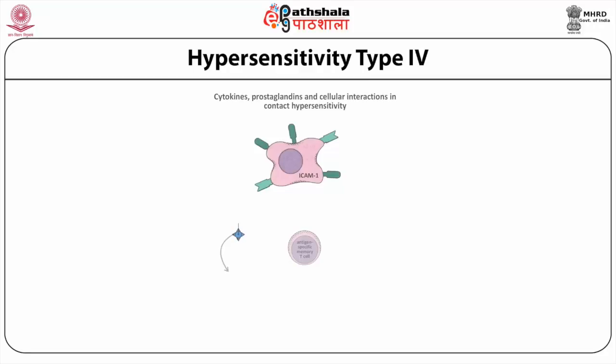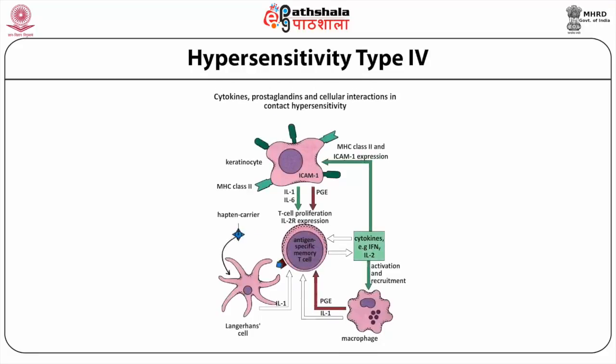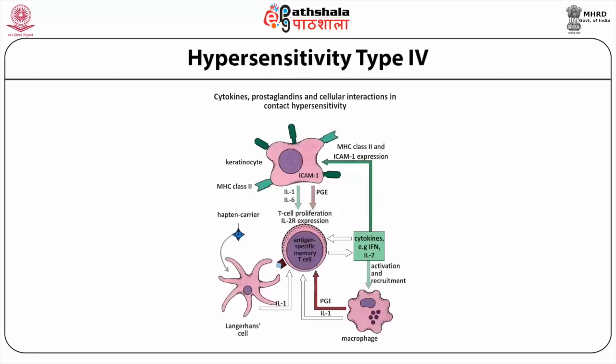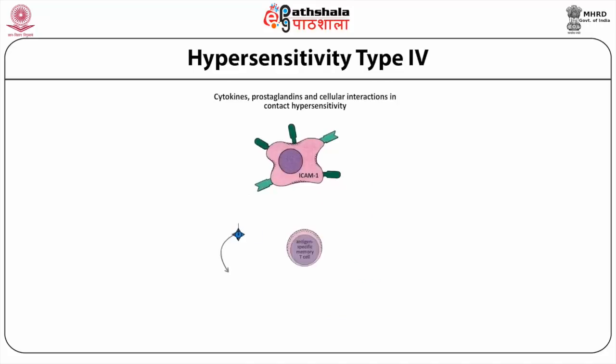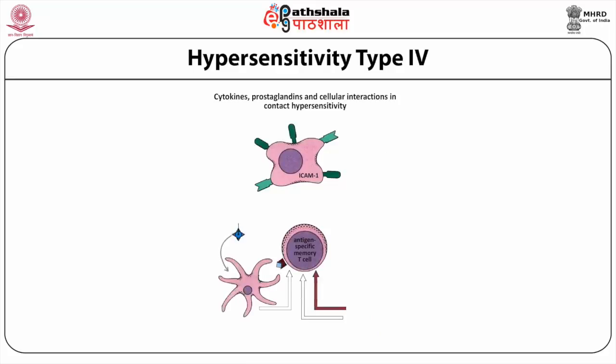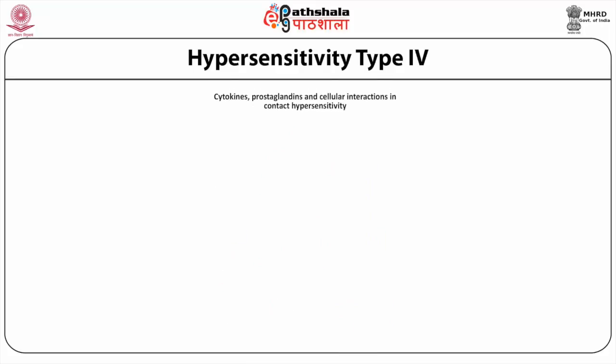This slide shows the cytokines, prostaglandins and cellular interactions in this process of contact hypersensitivity. At this point, when the reaction is beginning to fade, macrophages and keratinocytes produce prostaglandin E, which inhibits interleukin-1 and interleukin-2 production. T cells bind to keratinocytes.